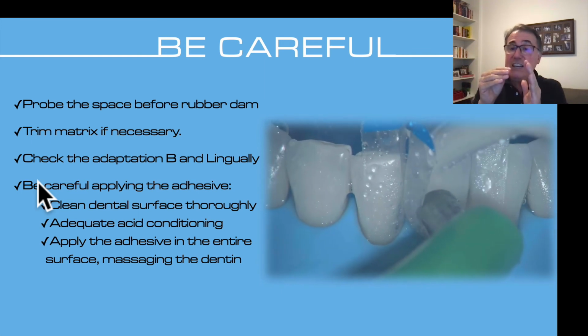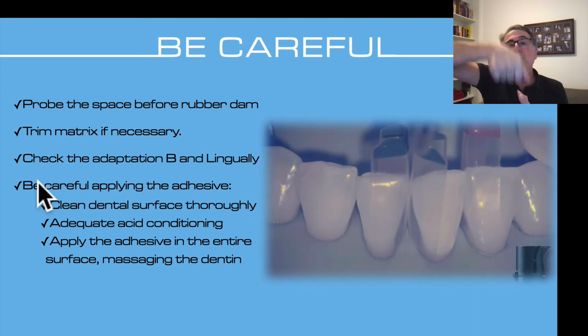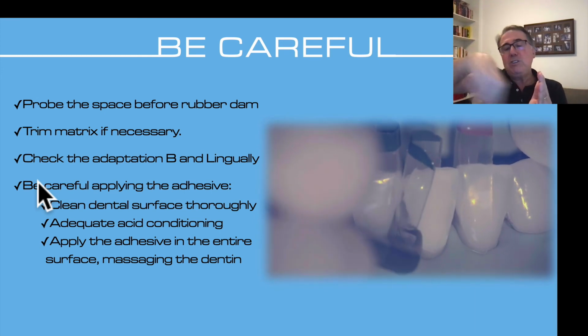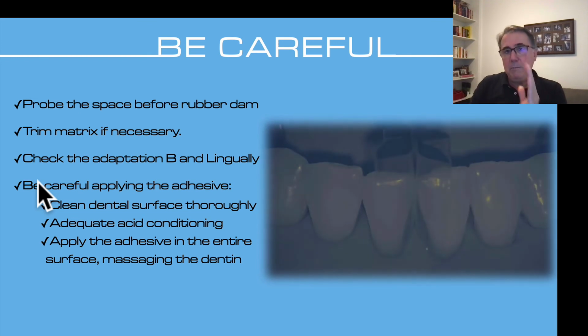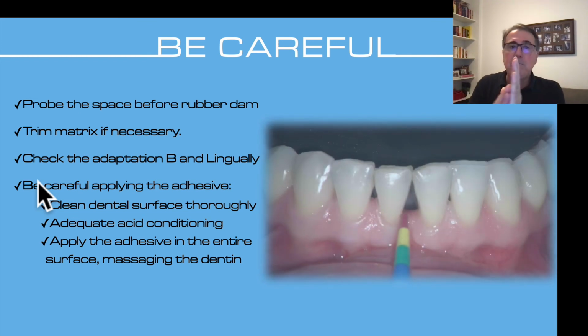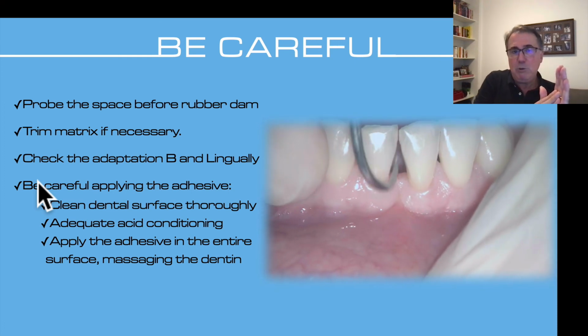Of course, sometimes the space over there is very small. Some people think, oh, I'm going to remove the matrix, put the adhesive, and then place the matrix again. No, don't do that. Because the matrix is pulling away the gingiva, is pulling away the rubber dam.